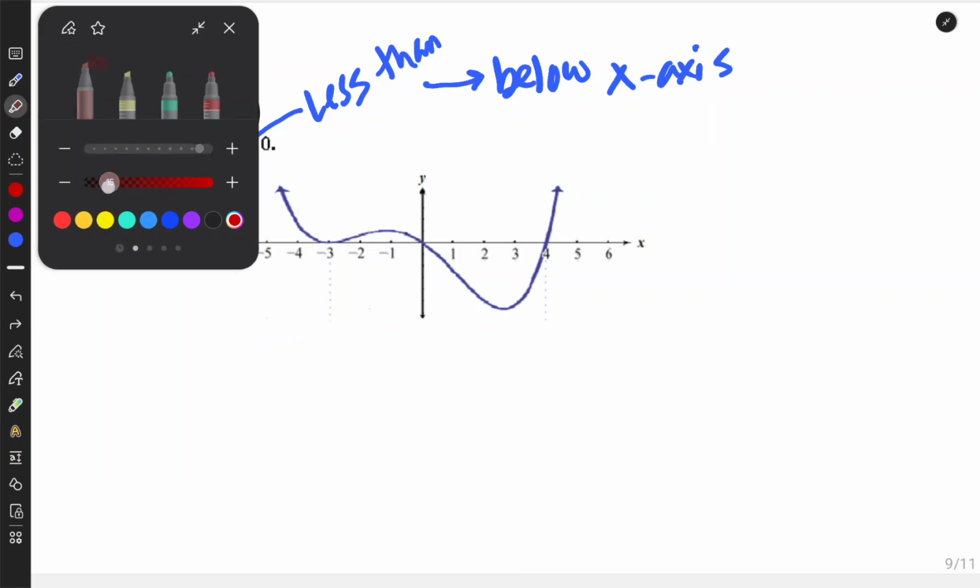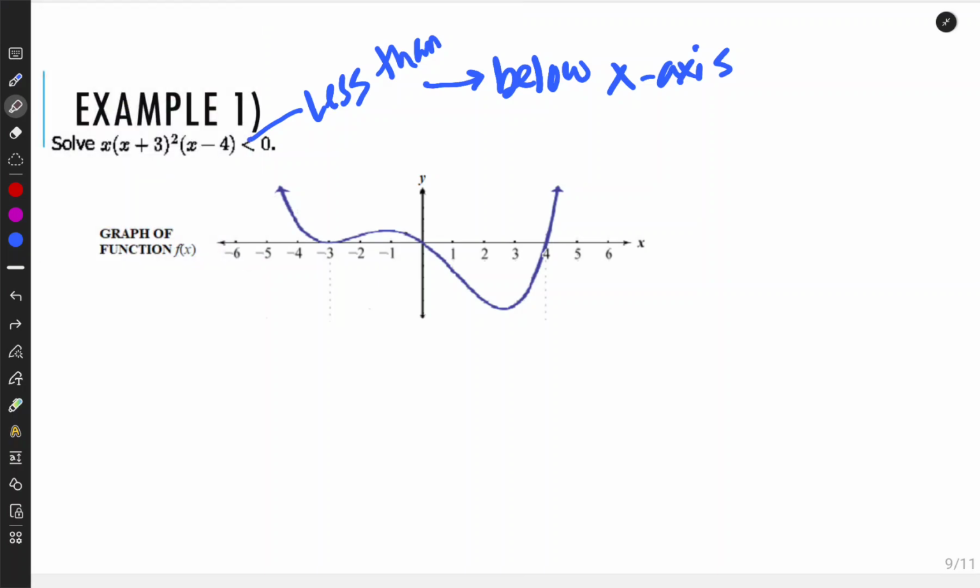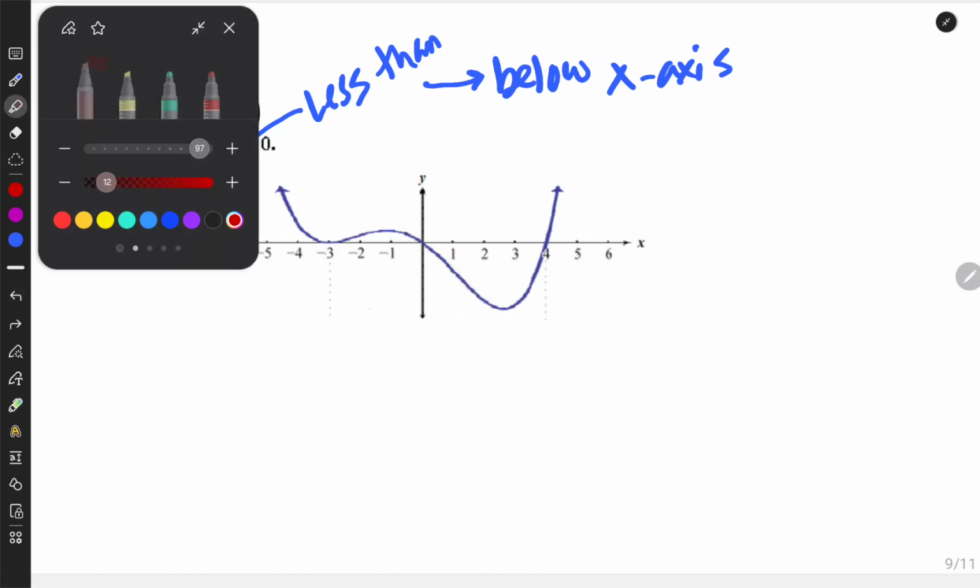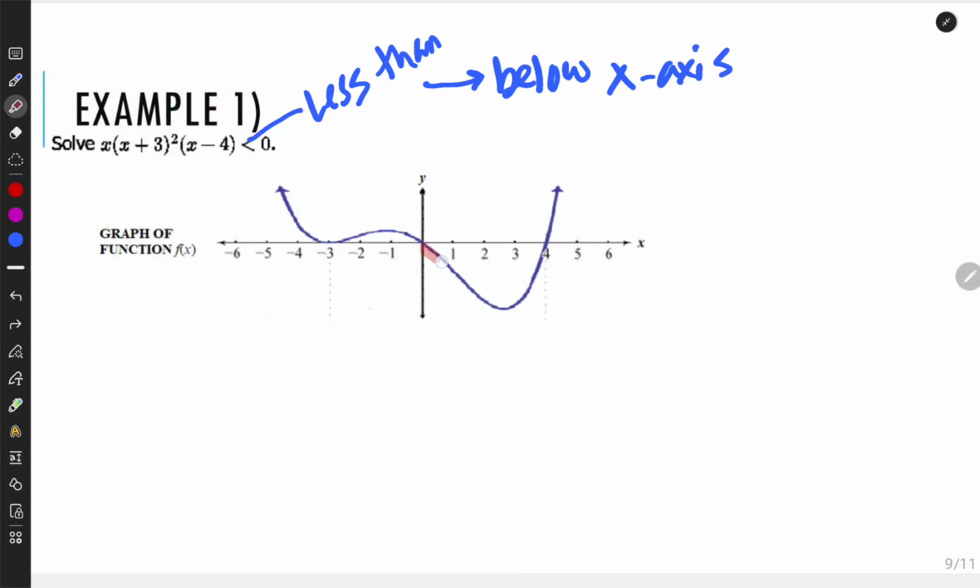Yeah, there we go. We're going to minimize it a little bit because I need it, but I don't need it to be that big. So we're looking for below the x-axis. That was just the coloring of it. That's funny. Oh, probably should change the size of it, not the color of it. The color was fine. My bad, bro. So let's try that again. So below the x-axis.